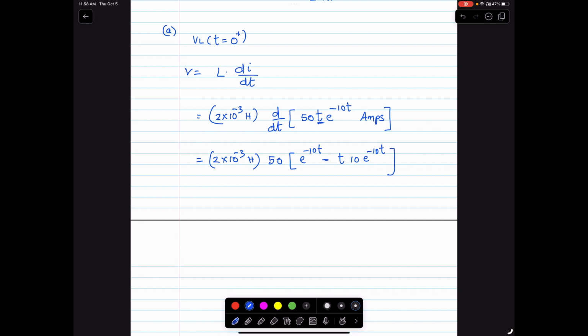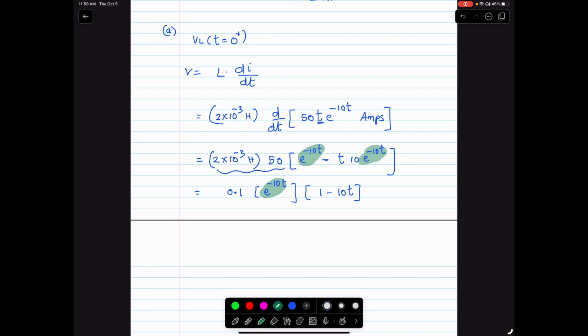Now I can multiply 50 times 2, and what I get is 0.1 times e to the negative 10t multiplied by 1 minus 10t. All I have done is factor out e to the negative 10t, common here.